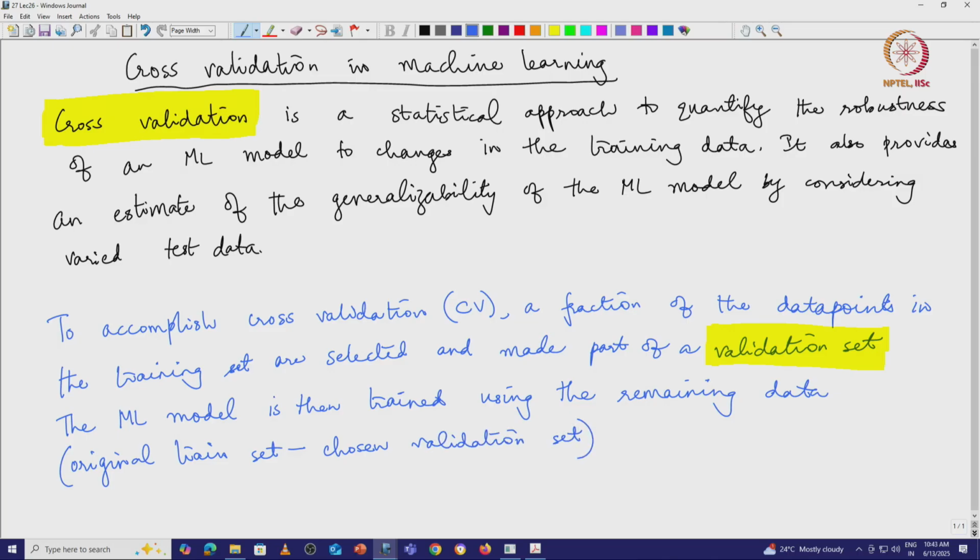So the ML model is then trained on the remaining data and the validation set is used to check the model performance via the usual loss functions.